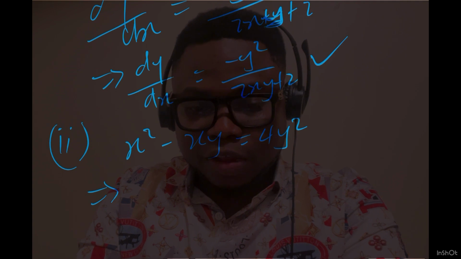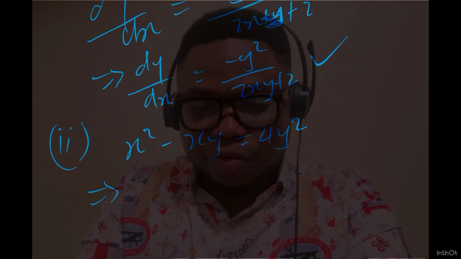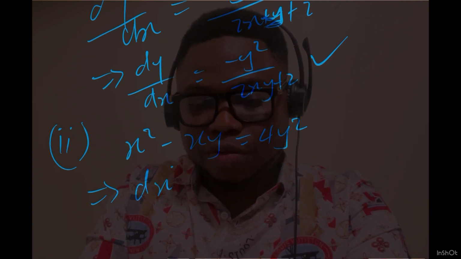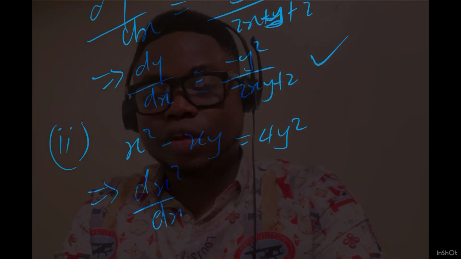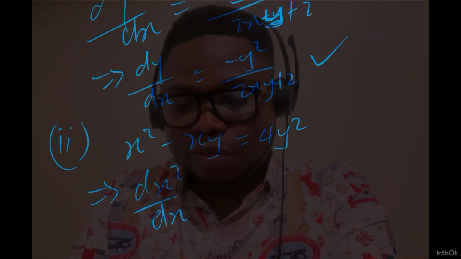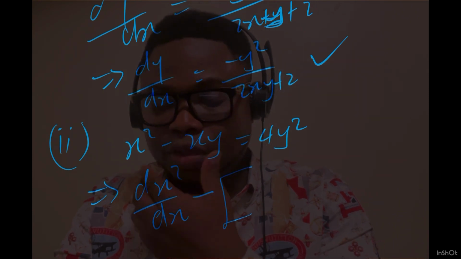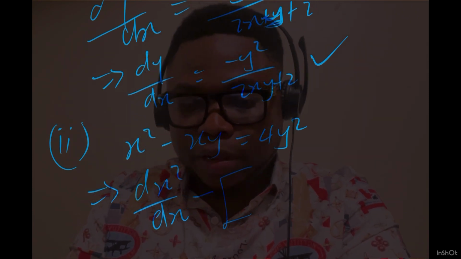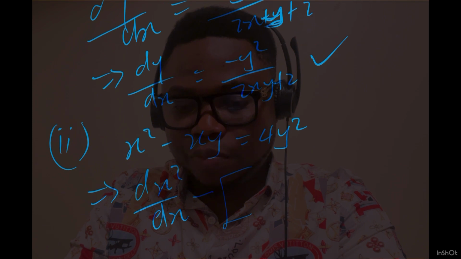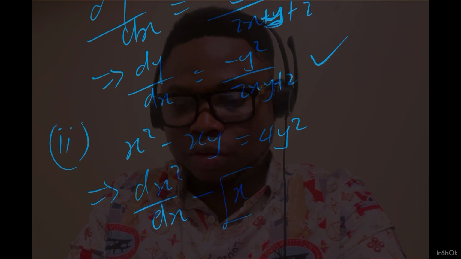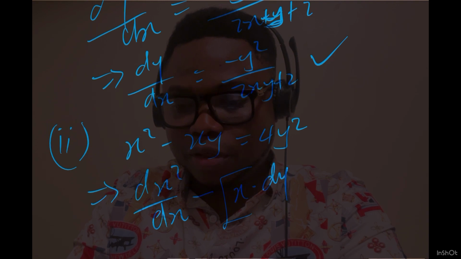But before that, I'm going to write d over dx, differentiating x squared minus, so I'll put bracket because I have two variables, x and y. So applying chain rule, I'll keep x and differentiate y, and that's going to give me dy over dx.